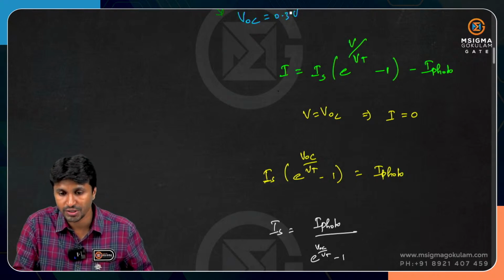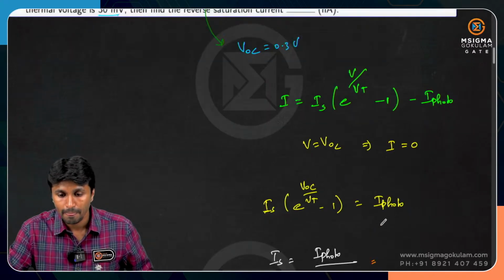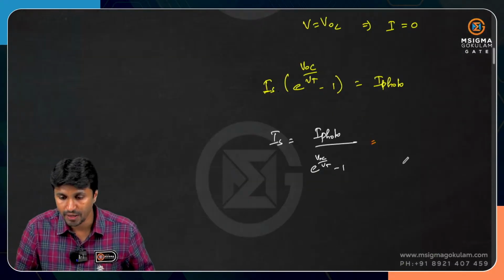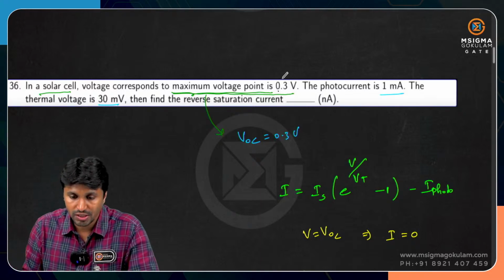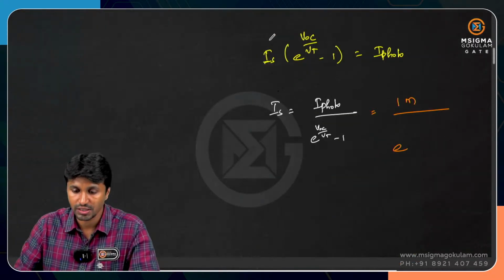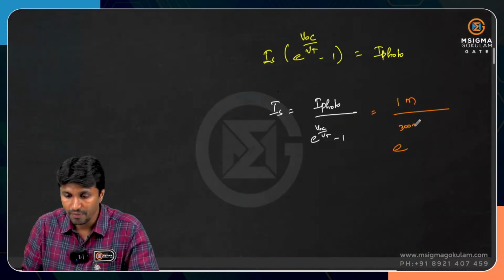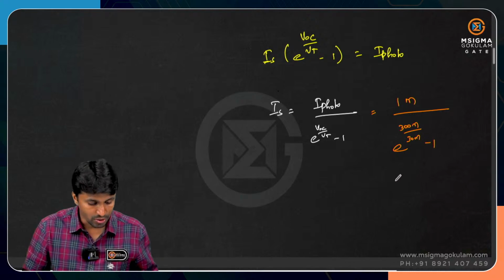Photocurrent is already given to you, which is 1 milliampere, divided by e raised to open circuit voltage 0.3 volts, which I can write as 300 millivolt divided by 30 millivolts, so I can cancel them out. So therefore this is 300 milli divided by 30 milli, minus 1, right? When you solve this one, I have already calculated this value.